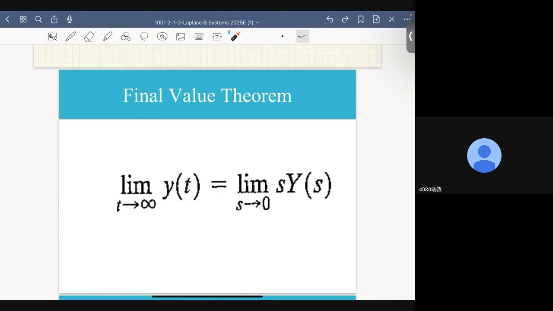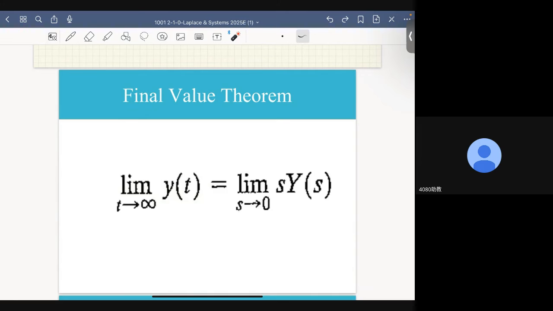How do we do that? We can do it in the time domain, but we prefer to do everything in the S domain because in the S domain, the entire mathematical derivation process is much simpler. It's easier to manage those mathematical expressions since we don't have to deal with differential equations.